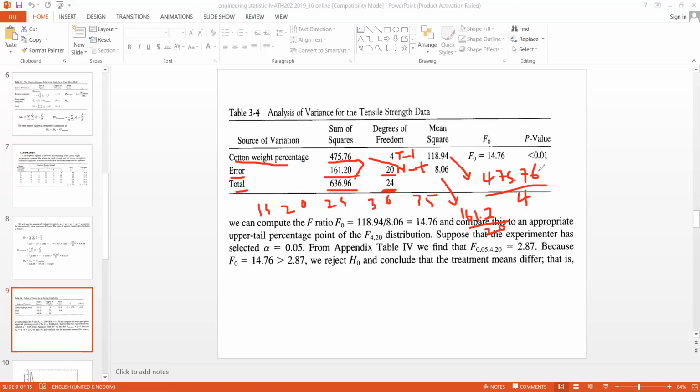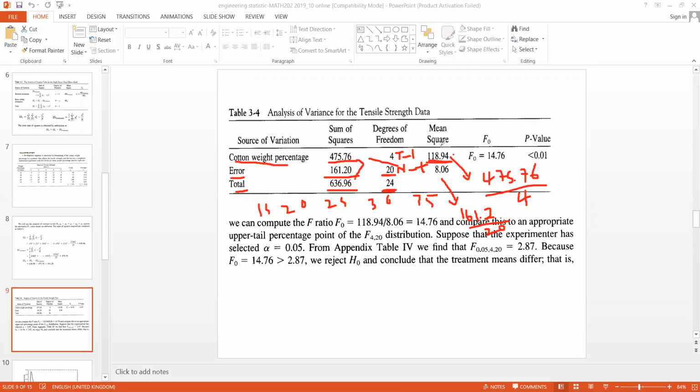So Favor, what answers did you get? What did you get for the first one? 475 divided by 4 gives 118.9.